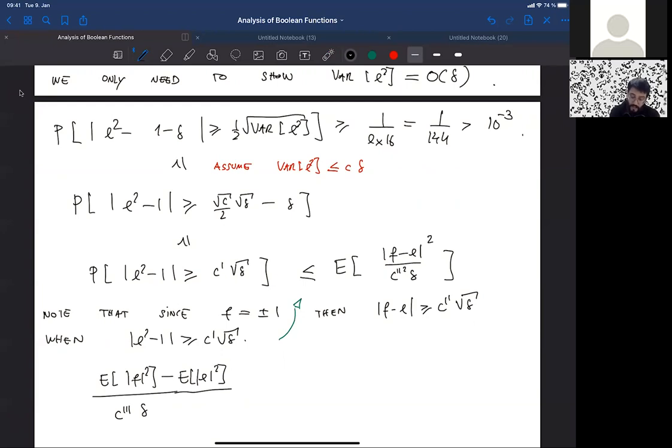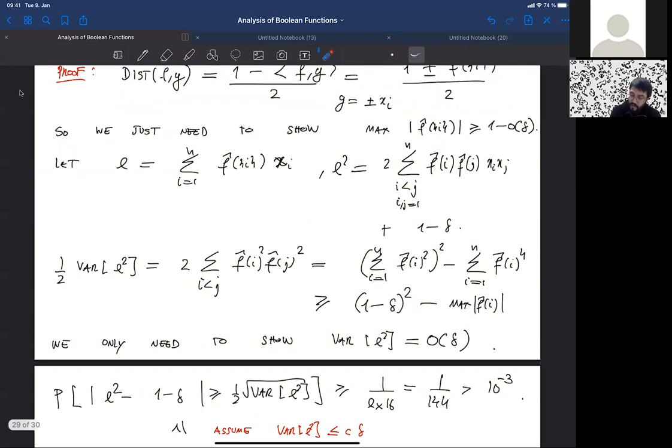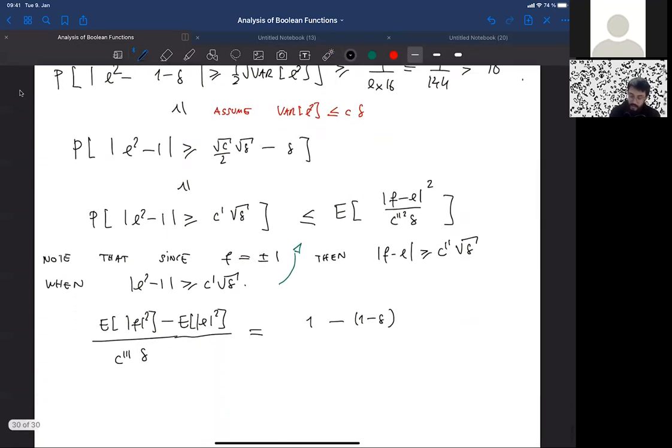But what is this? Well, let's see. What's the expectation of f squared? Well, f is Boolean, so this is always 1. And what is the expectation of L squared? This is the first Fourier coefficient of L squared, which is 1 minus delta. So you just get delta divided by c3 prime delta, and that is just 1 divided by c3 prime. So then we conclude that c3 prime is less or equal than 10 to the power 3.